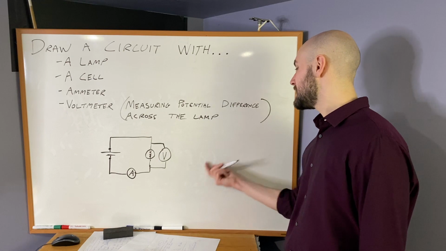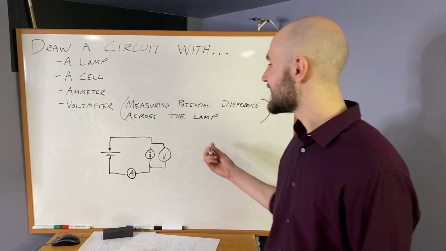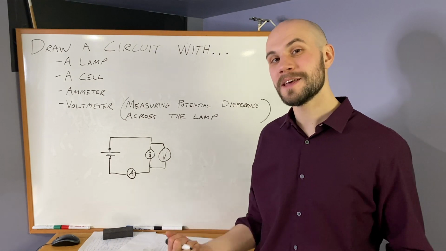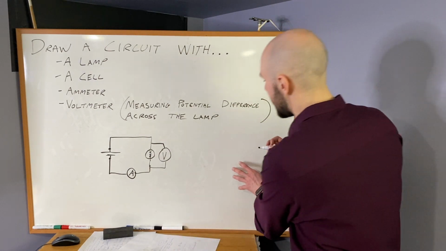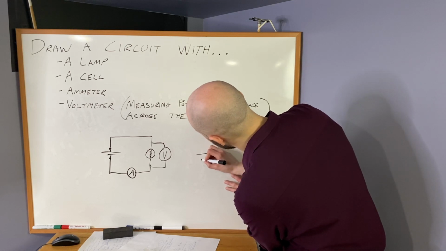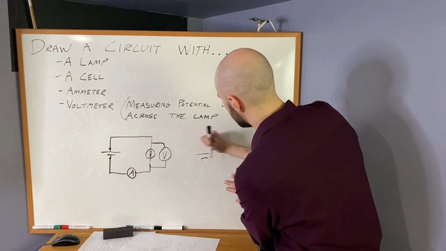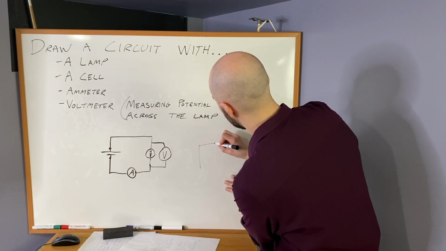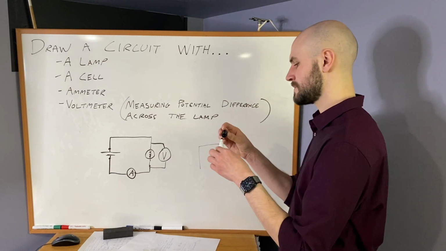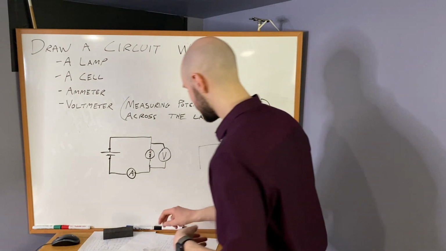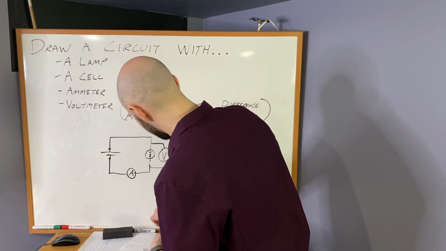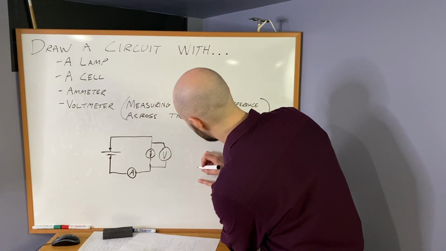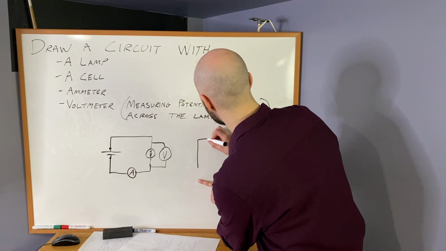Okay, now something I want you to think of though, is this the only way that we could have hooked up our components, or is this the only way that we could have drawn this? As long as you follow the rules, I can put the cell here.